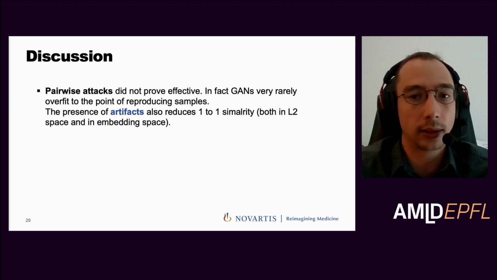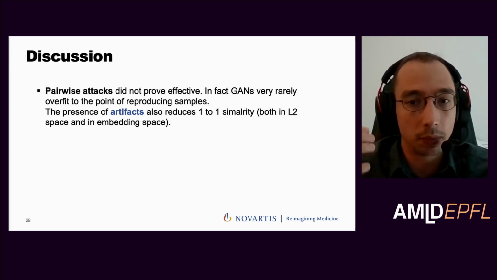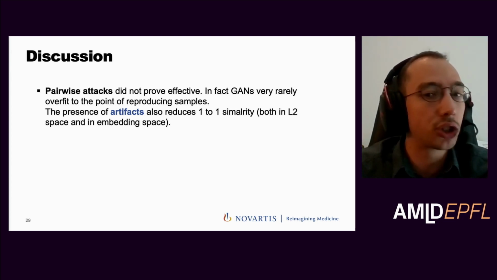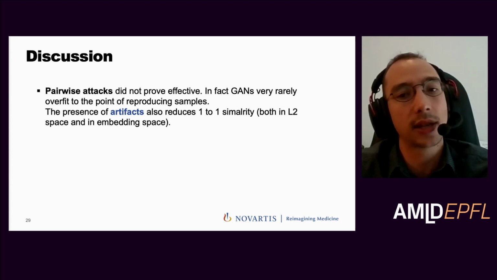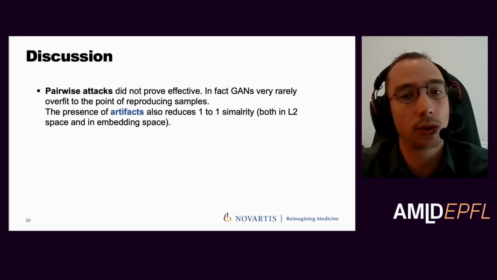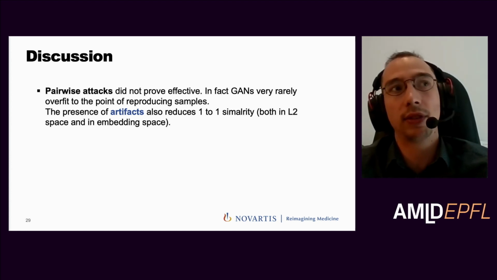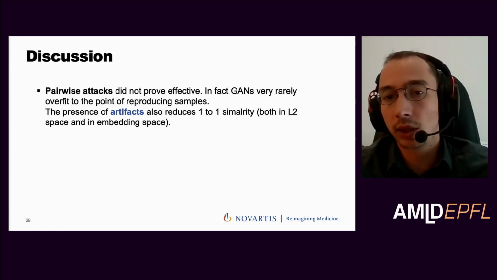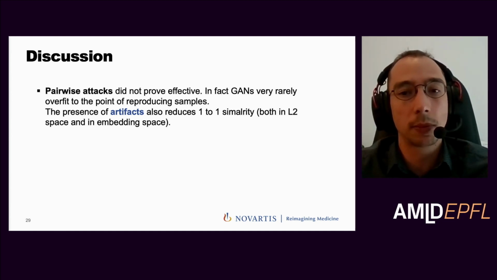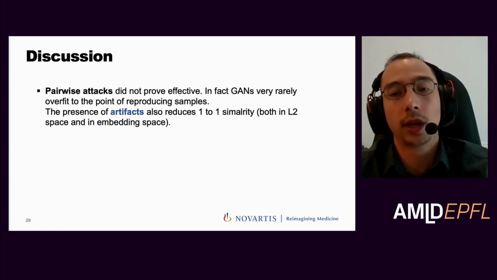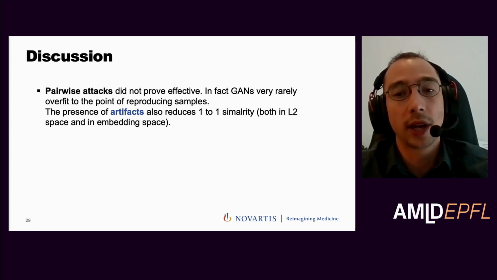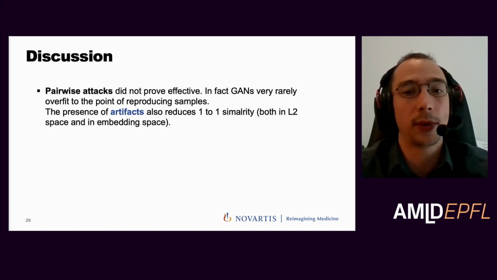In fact, I'd go as far as to say that the way GANs overfit is not generally by reproducing exact samples. Especially because of artifacts: when the GAN creates images, you usually have artifacts on them, and those artifacts really reduce the possibility of matching images one-to-one. And it works both in L2 and embedding space, by the way.